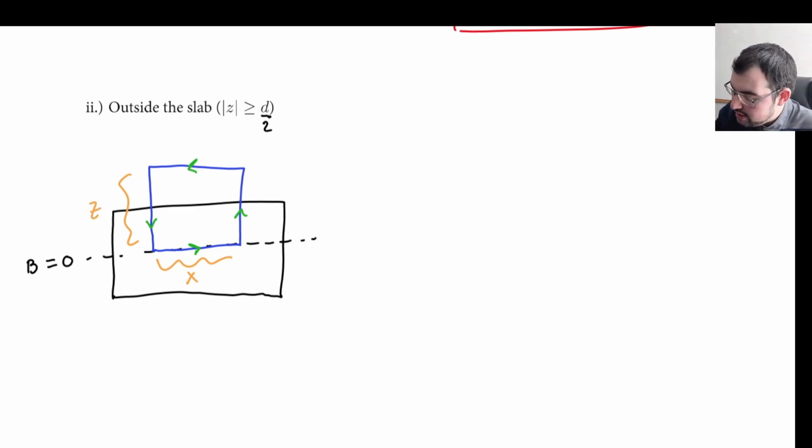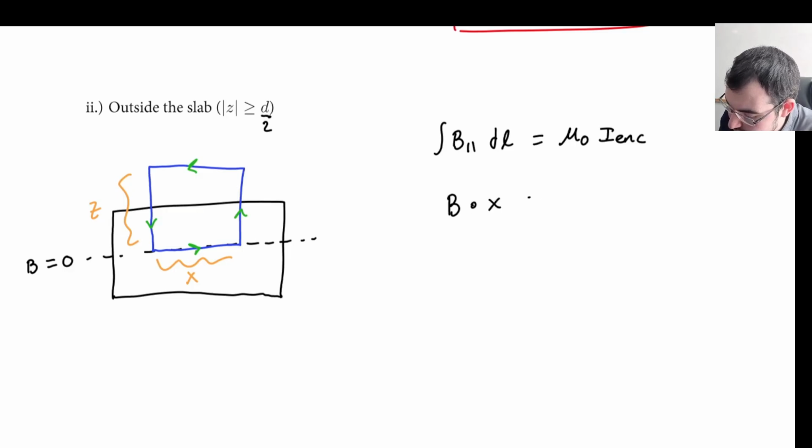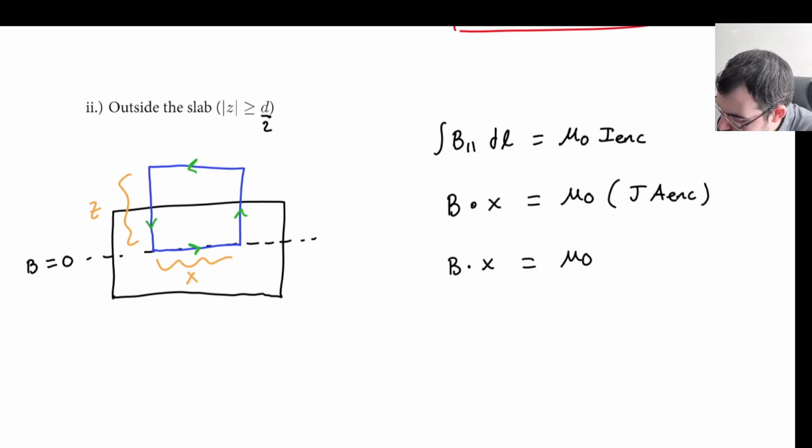So let's set up and see where we get a difference. Ampere's law, no difference there, right? Mu naught I enclosed is the circulation. We still circulate for B times X. And I enclosed is still the current density times the enclosed area. And here's where it changes, because we are now outside the slab.